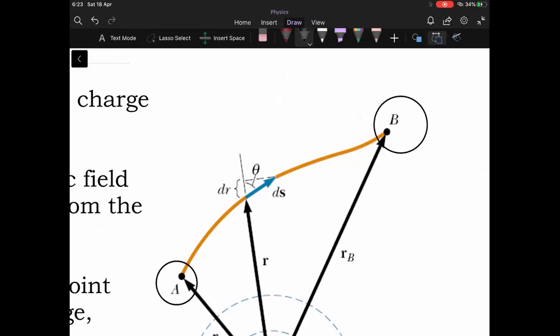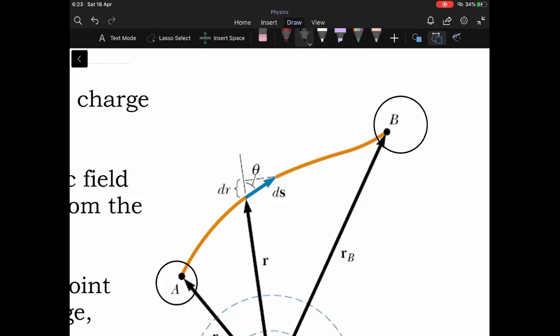Now when you move it across from point A to point B, the external agent has to do some positive or negative work, okay, against the force of electric field, so that the system does not acquire kinetic energy. Now in this process, throughout its journey, the magnitude of electric field is changing, as well as the direction of the electric field is also changing.